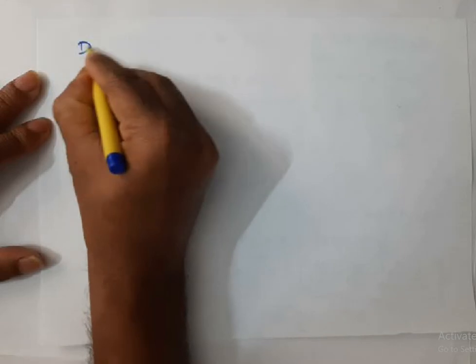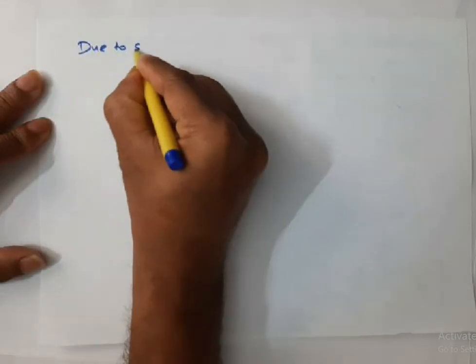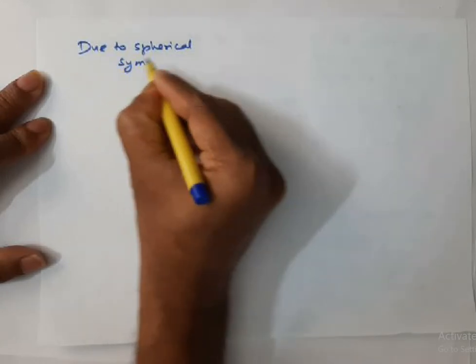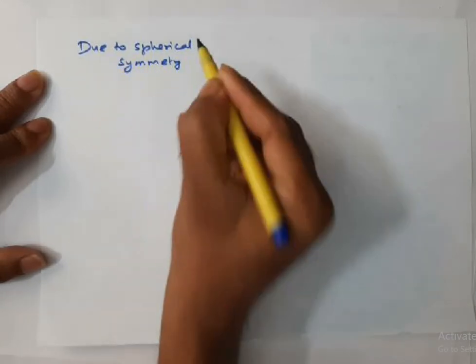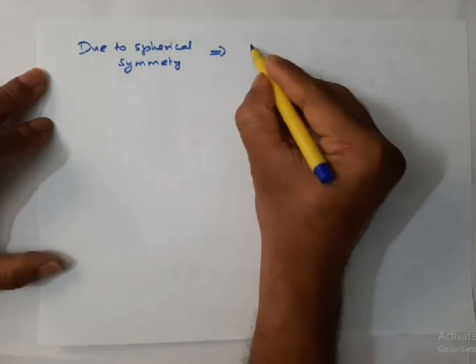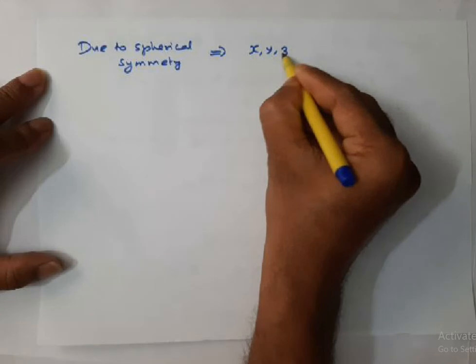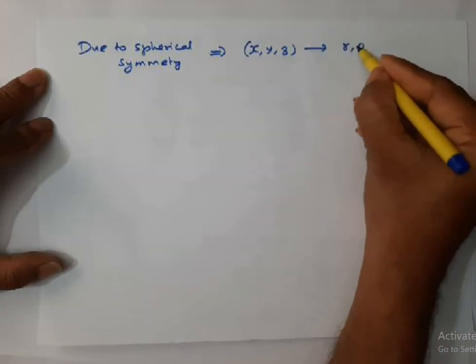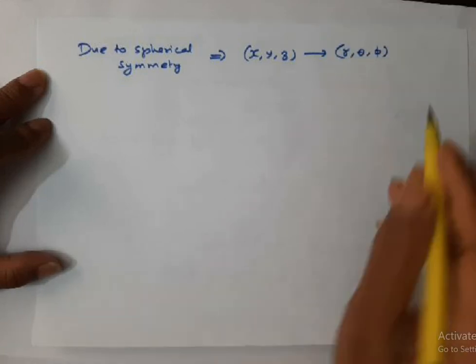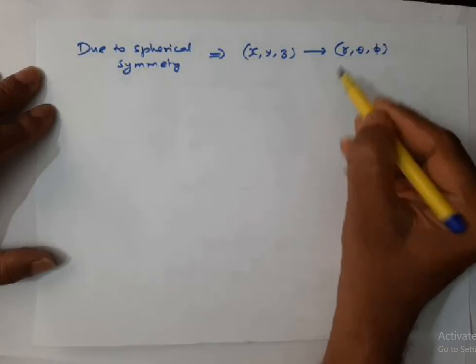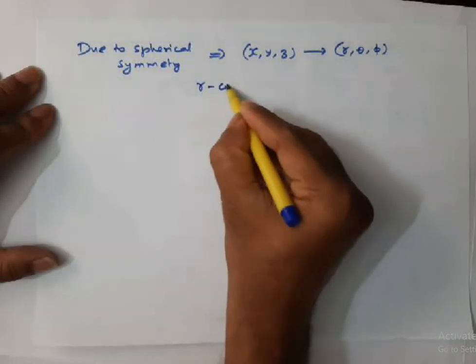So due to spherical symmetry, I am going to convert the Cartesian coordinates x, y, z into spherical polar coordinates r, theta, and phi. Now we know very well that r is constant here.